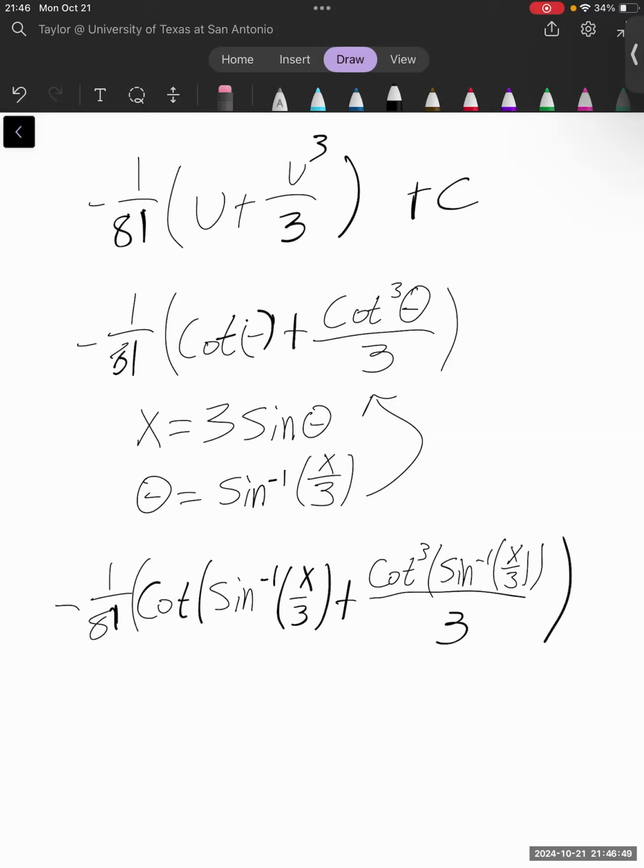And then we could reduce here because, no, never mind. This would be your final answer. Yeah, we're not going to get into that.